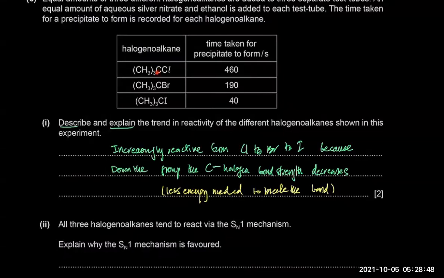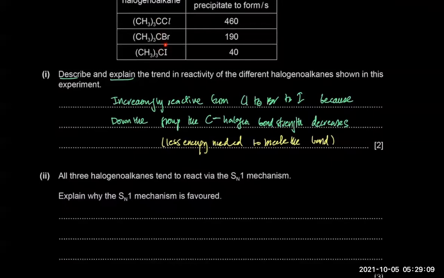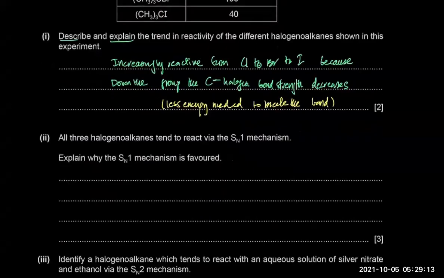The carbon atom is bonded to 3 methyl groups, so that's the most stable type of carbocation. Primaries prefer SN2 because there's enough space for the nucleophile to attack simultaneously as the bond is breaking, and a primary carbocation is unstable. This is less unstable, so more stable.